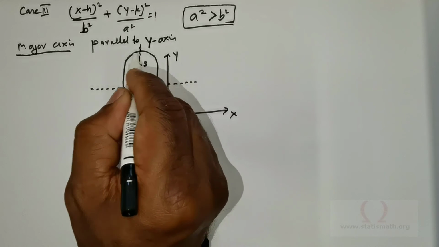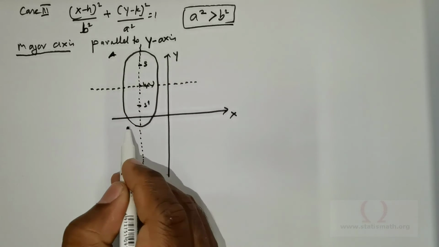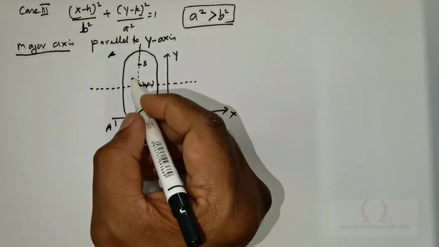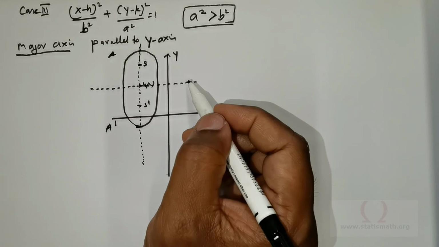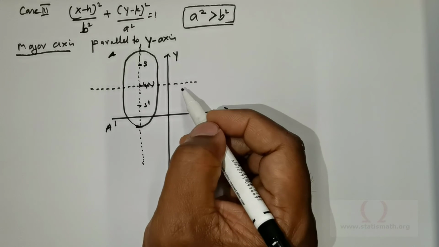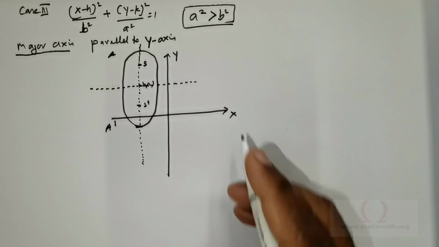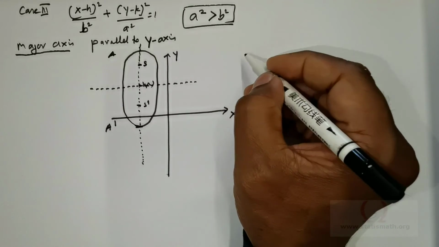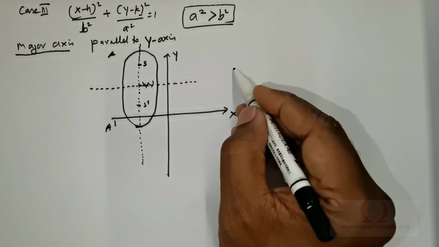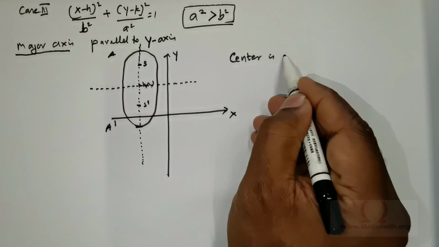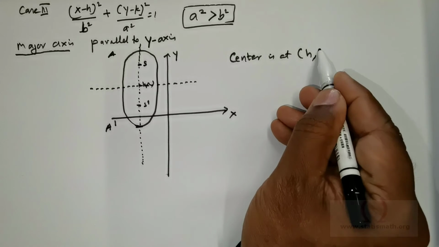If I write this as A and this as A dash, we would have the following information. Of course the foci also will be changing, so I'm going to write the information for this particular ellipse. The center is at h comma k.